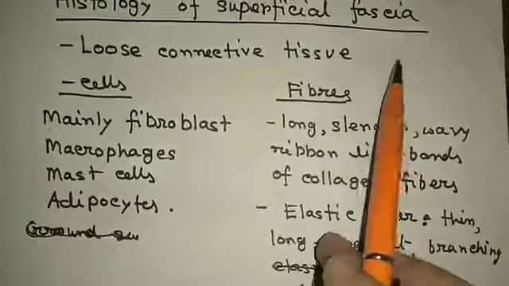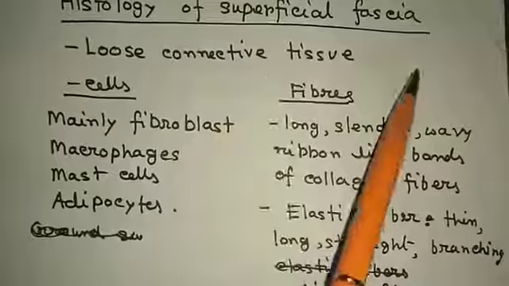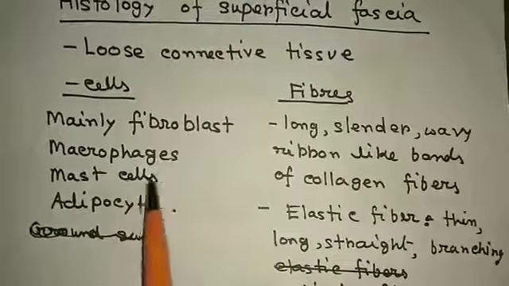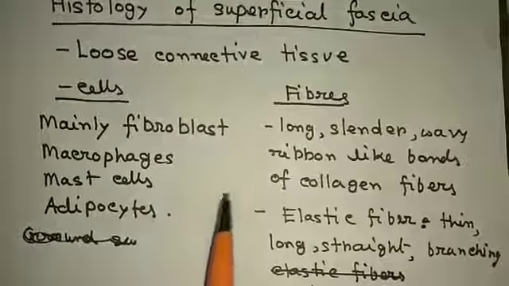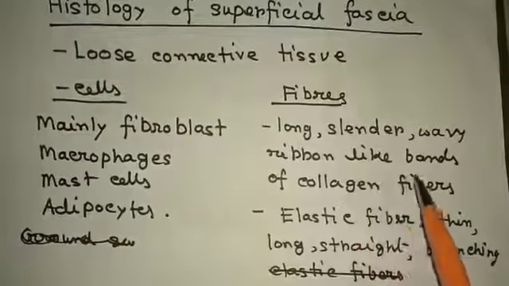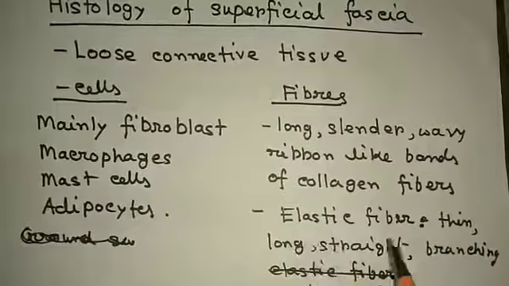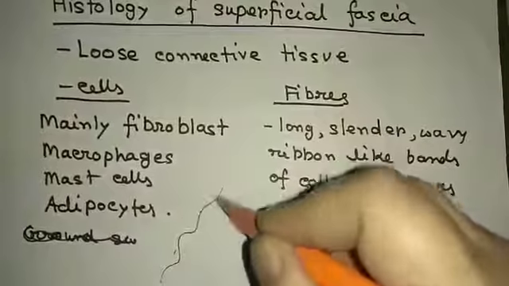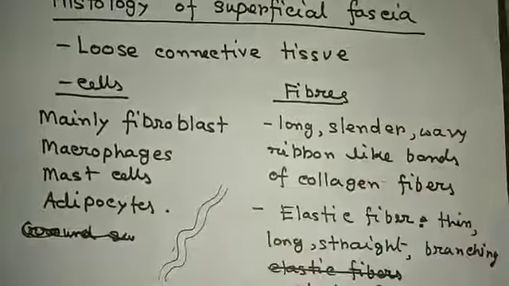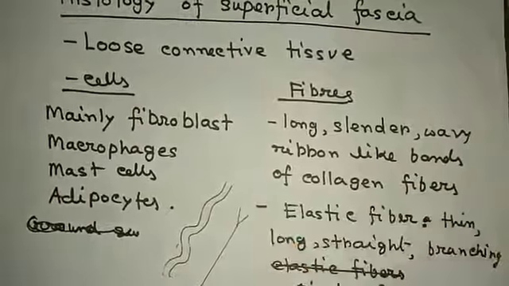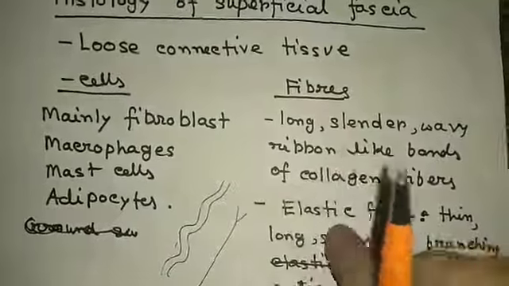Now, the histology of the superficial fascia. It is formed by loose connective tissue. The cells are mainly fibroblasts, macrophages, mast cells and adipocytes. The fibers: collagen fiber is a long, slender, wavy, thick ribbon-like band; elastic fiber is thin, long, straight and branching; and reticular fiber is also present.